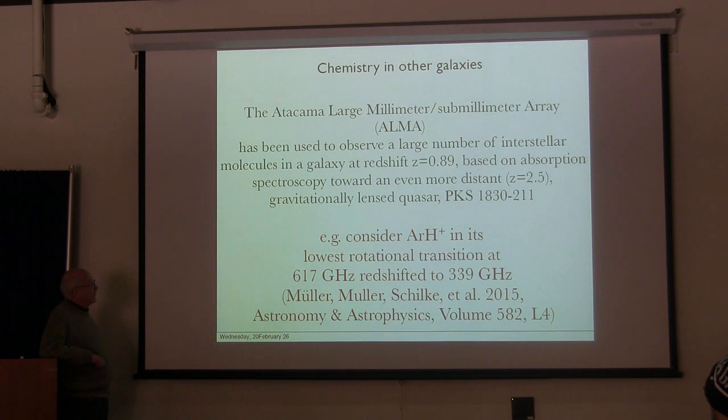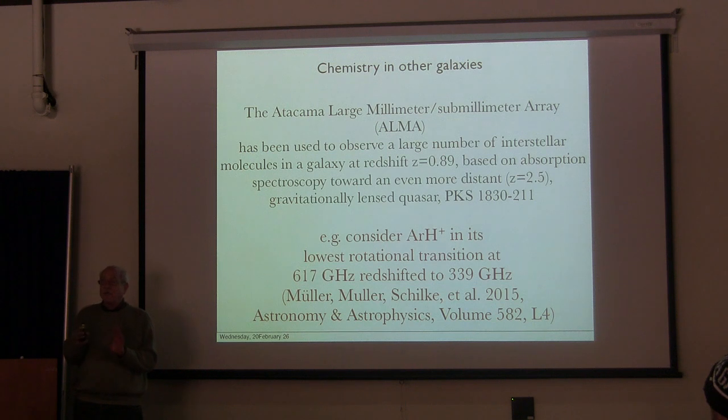And one example I've been involved with slightly, mainly in collaboration with Sebastian Muller at the Onsala Space Observatory, is to do a growing molecular census of interstellar matter at a redshift of 0.89. Now, to a chemist, that won't mean much. To an astronomer, that corresponds to more than half the look-back time to the Big Bang.